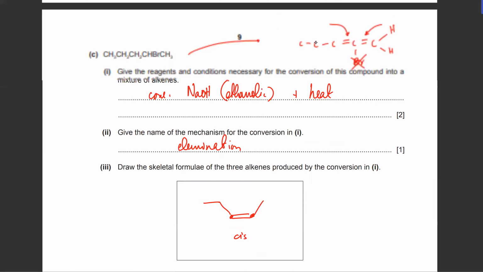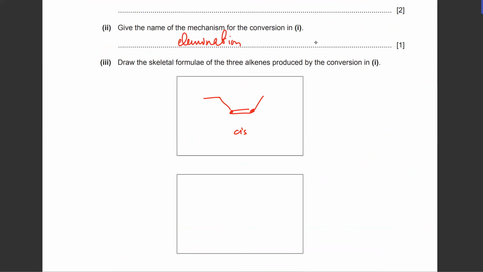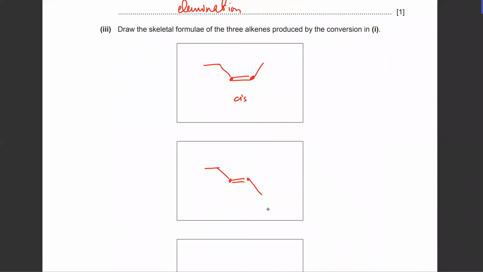And then there would be a trans version. In the trans version you will have a double bond in the middle. You don't have to show carbon in skeletal formulas. Skeletal formulas don't show the carbon atoms. The bond over here will be pointing in the opposite direction. This is going to be your trans version.